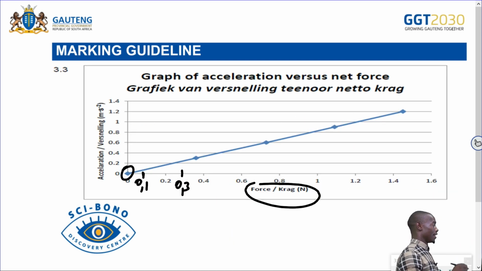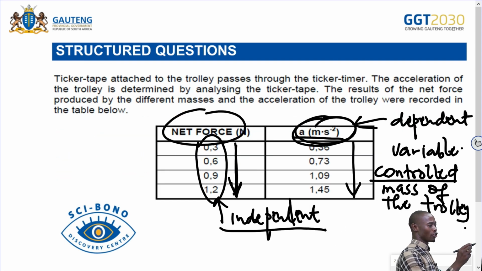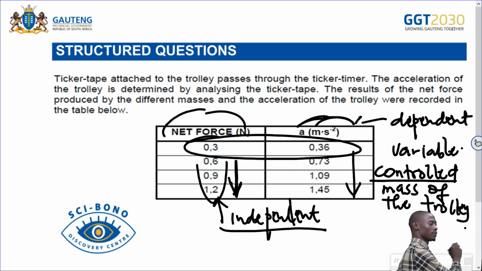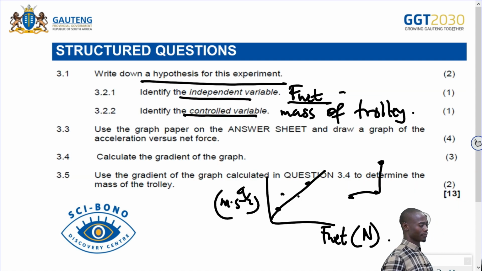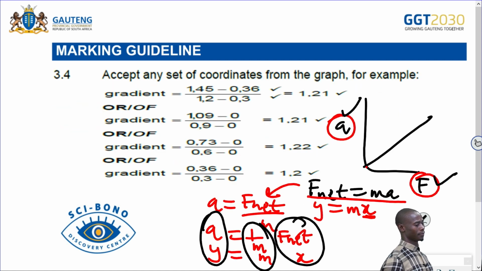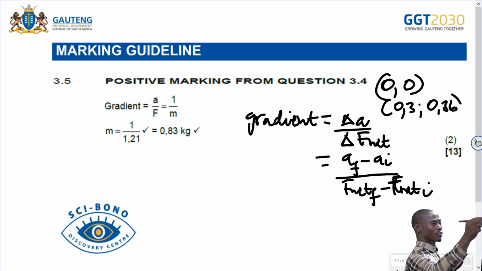Let's check. I can even use the table here. I can take this one, 0.3 and 0.36. So you use those 2 points.